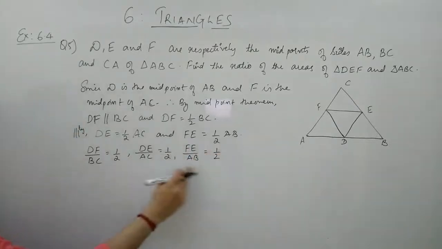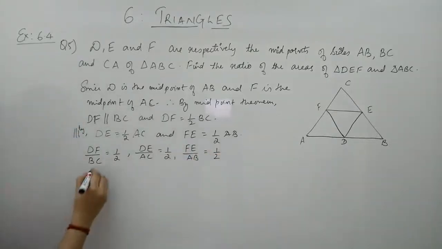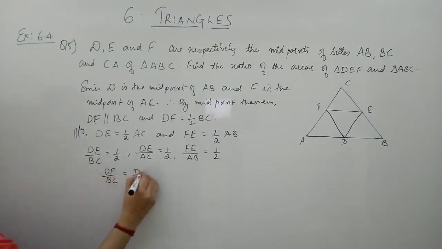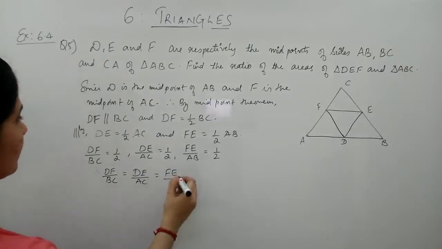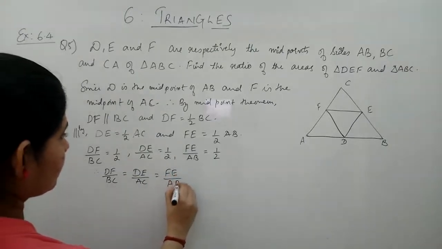That means all the three fractions are equal, right? So we are just writing, therefore DF by BC is equal to DE by AC is equal to FE by AB.